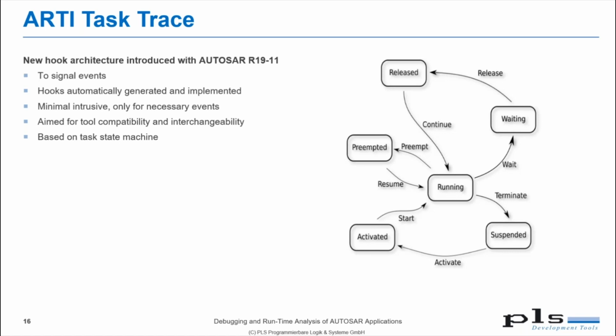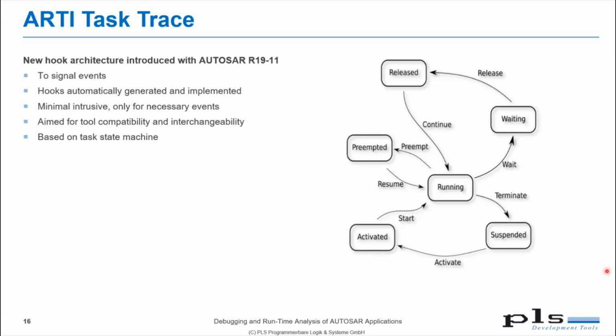Furthermore, there is also a standardization regarding the export of the trace data, so that you can use the traced information also in other tools, like timing analysis tools. Compared to the former version, the trace is more detailed.